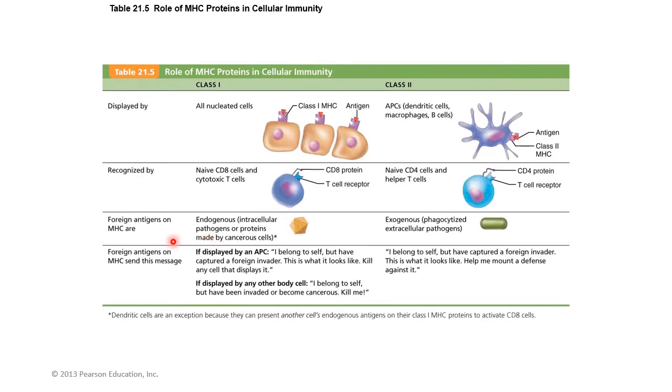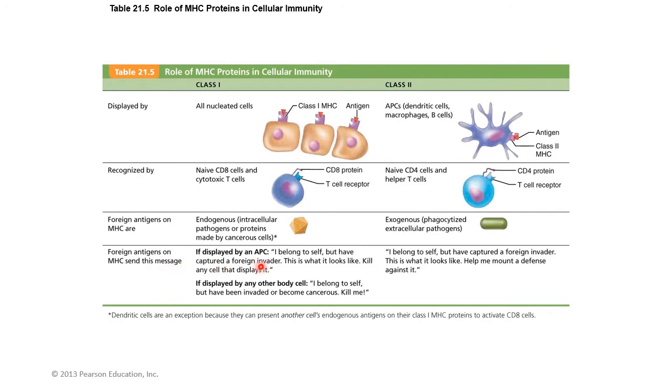And when foreign antigens on the major histocompatibility complex, on your body cells, are complexed with endogenous proteins, these are intracellular pathogens or proteins made by cancerous cells. So you have something going wrong inside, that's endogenous. And then if those proteins become displayed, foreign antigens on the major histocompatibility complex send this message.